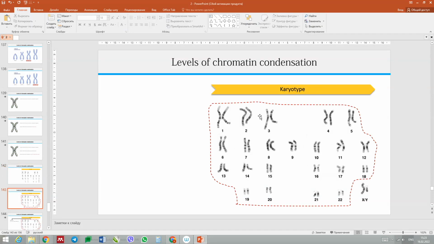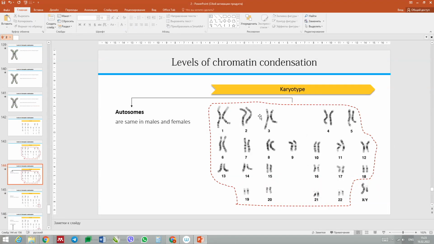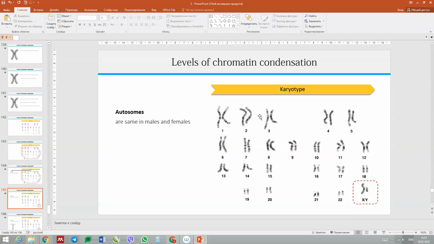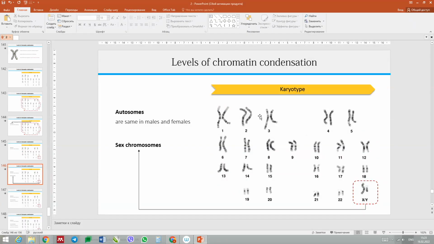Altogether, there are 22 pairs of so-called autosomes, and they do not determine the development of gender. And there is one pair of chromosomes that we call sex chromosomes. These chromosomes determine the development of gender.